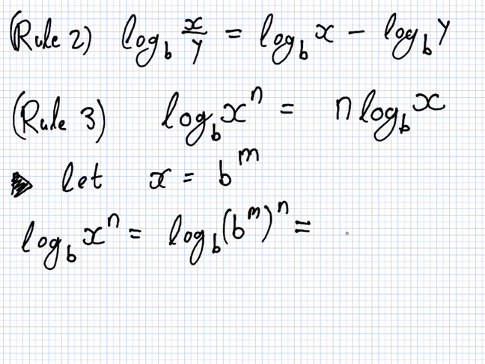That equals log base b of b^(mn). Is this okay so far? So what I'm doing here is I said x is b^m, so here I replace x with b^m, and then here I'm using, I think it was rule 3, wasn't it, from the last class, that when I have two powers like this, they can multiply together to make that. Okay?